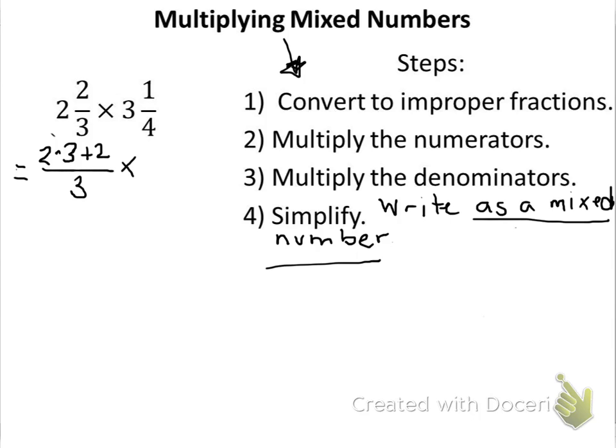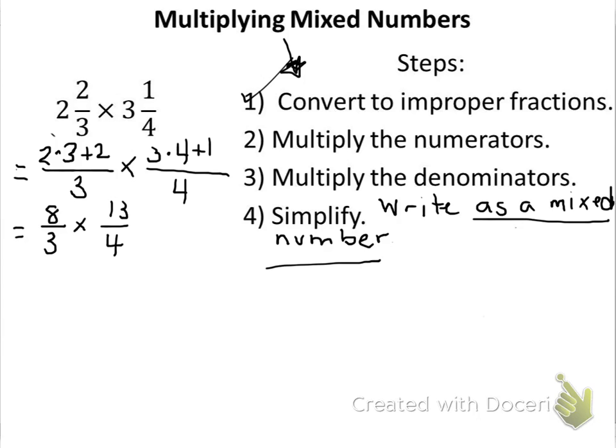Okay, we have 2 times 3, which is 6, plus 2 is 8, so I have 8/3, times 3 times 4 is 12, plus 1 is 13, 13/4. Okay, we're done step 1.